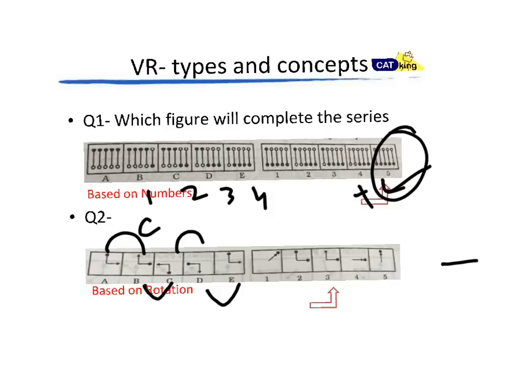Ideally, it should be something like this in the next figure. While in the case of the arrow, it gets rotated by 90 degrees in the other direction, that is the anti-clockwise direction, which should give us a figure something like this to end up with, which is the third option. In this case, third is your correct answer, which should complete the series as figure F.